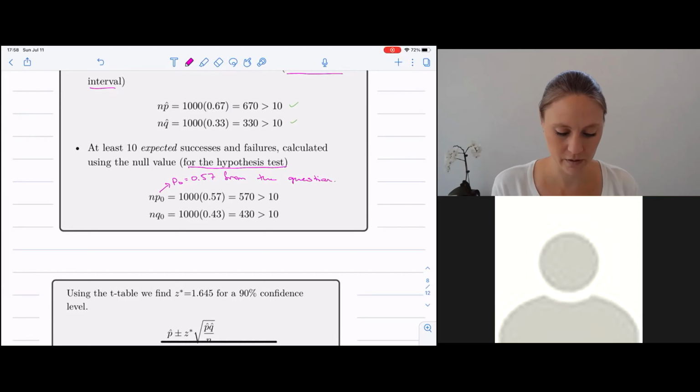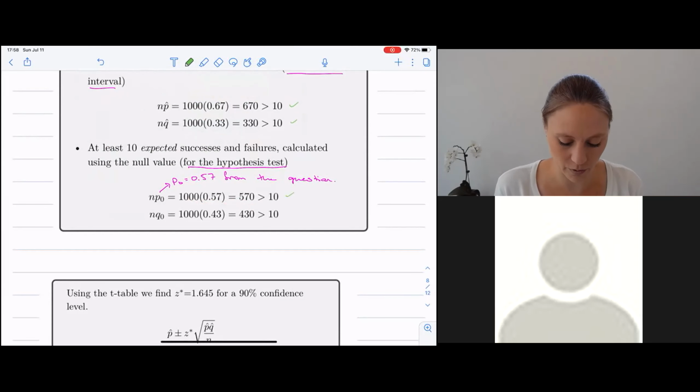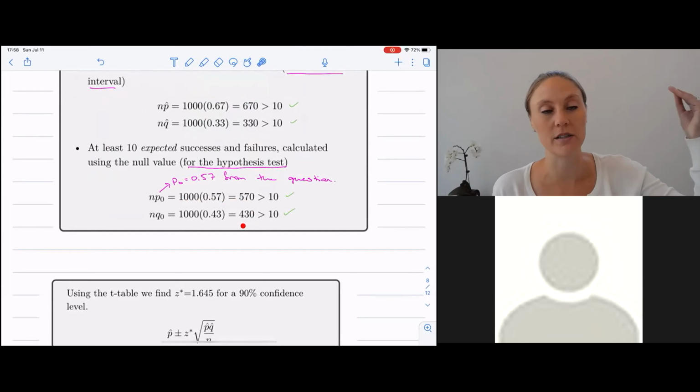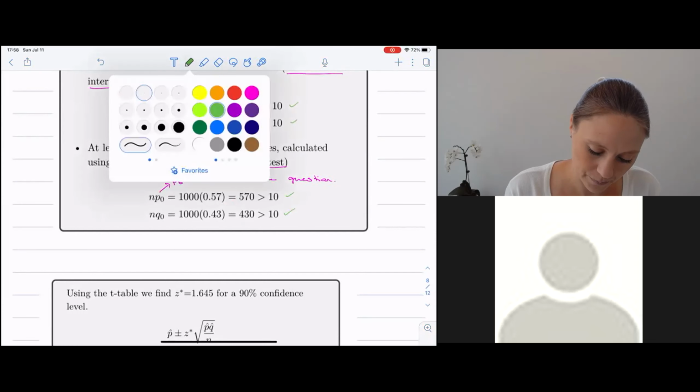Which of course, 1,000 times 0.57 is 570, which is more than 10. And then 430 is also more than 10. Again, you could have taken 1,000 minus 570 to get to this 430. If you're not a success, you're a failure, and vice versa, right? And so you can move between these two that way.